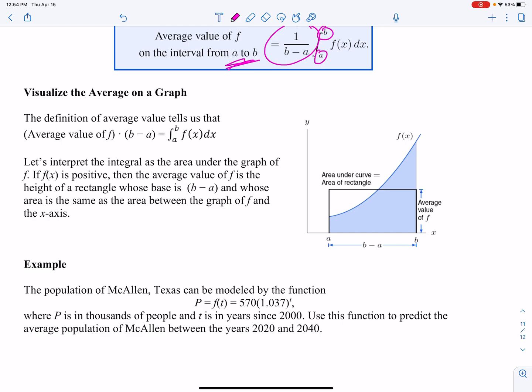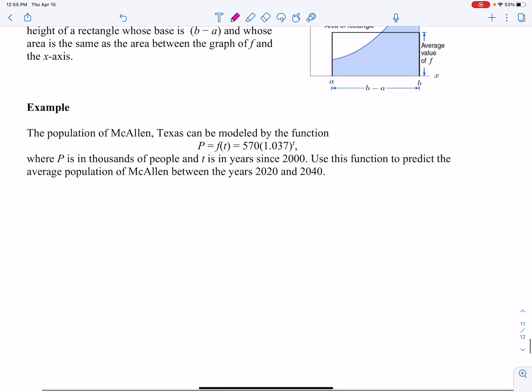All right, so here's a quick example. The population of McAllen, Texas can be modeled by this function, where P is in thousands of people and T is in years since 2000.